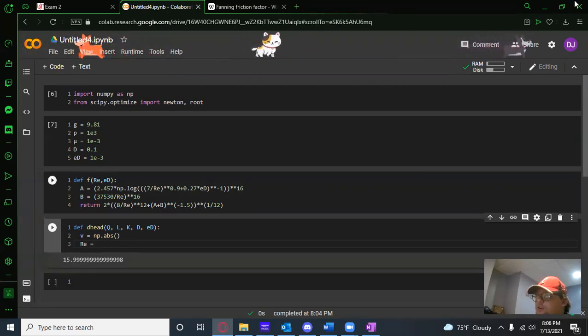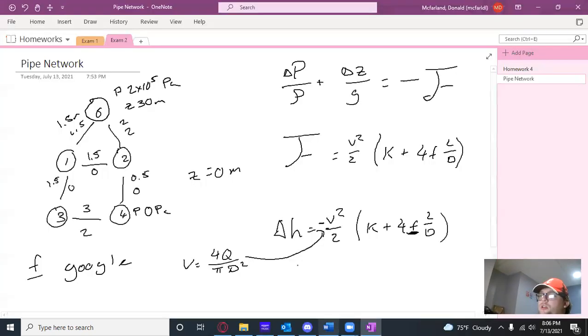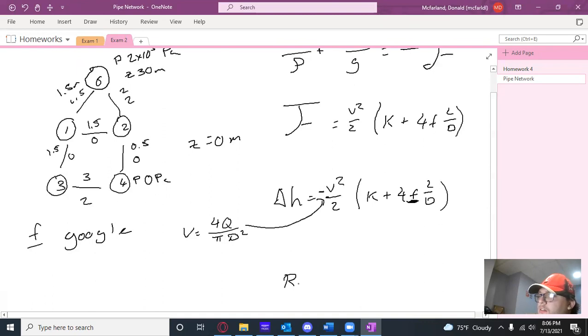And then the equation for the Reynolds number is just rho density times velocity times the diameter over, hold on, I'm having a brain fart here. Give me 1 second.